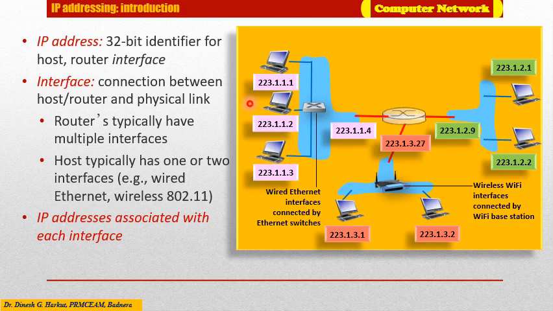That is, these three hosts and these two hosts are interconnected to each other by a network that contains no router. This network could be interconnected by either an Ethernet switch or by a wireless access point.